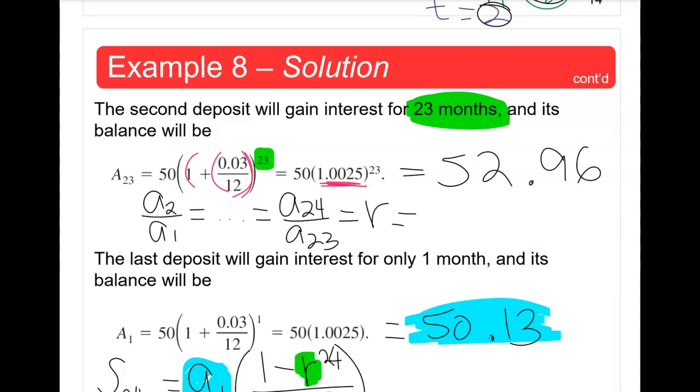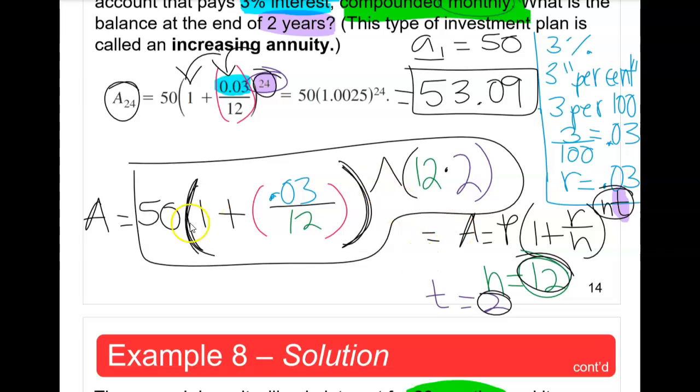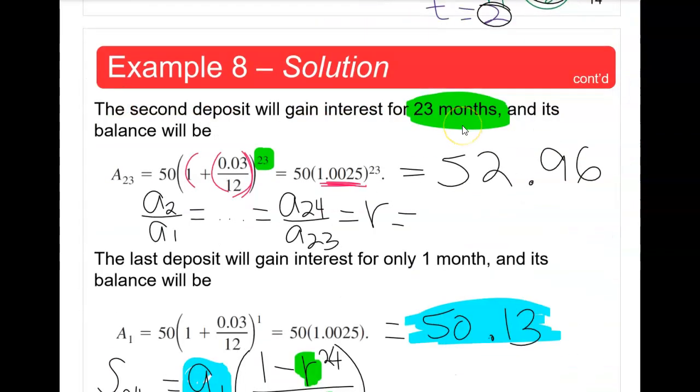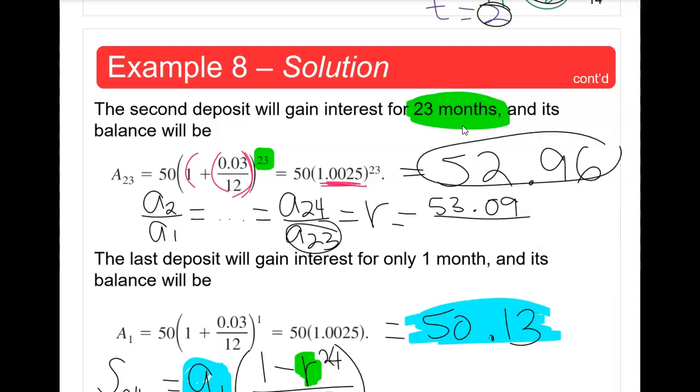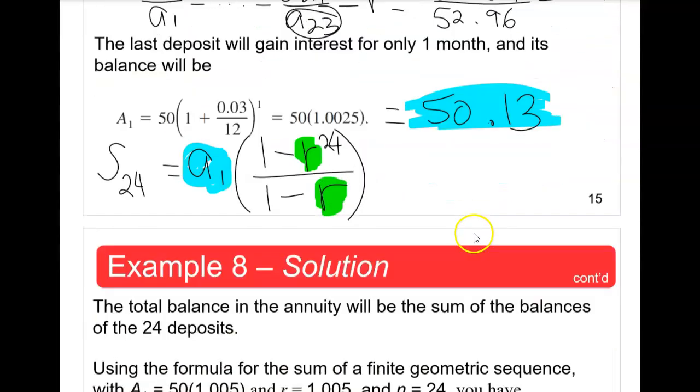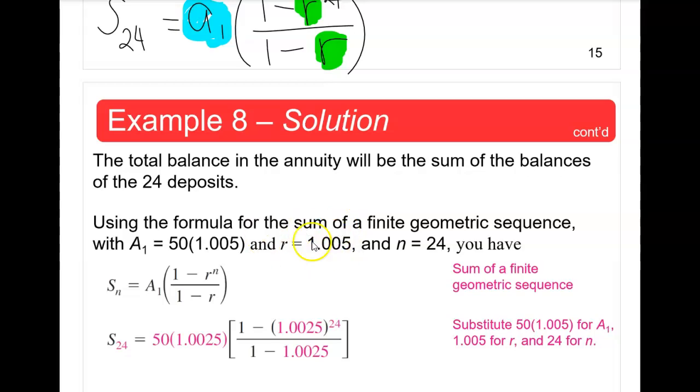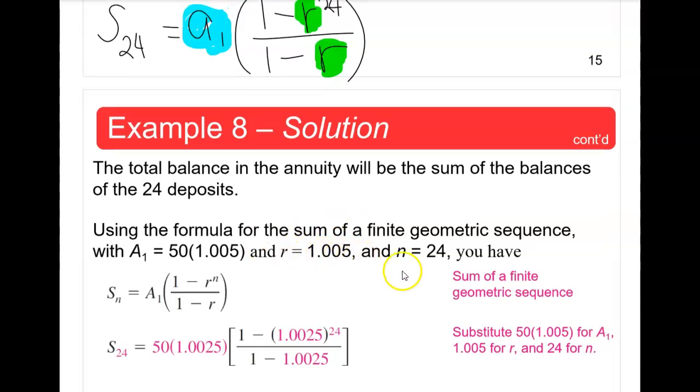And so by dividing the 24th term, which is 53.09, dividing it by a sub 23, which is right here, 52.96, and that is how we obtain the common ratio of 1.005.